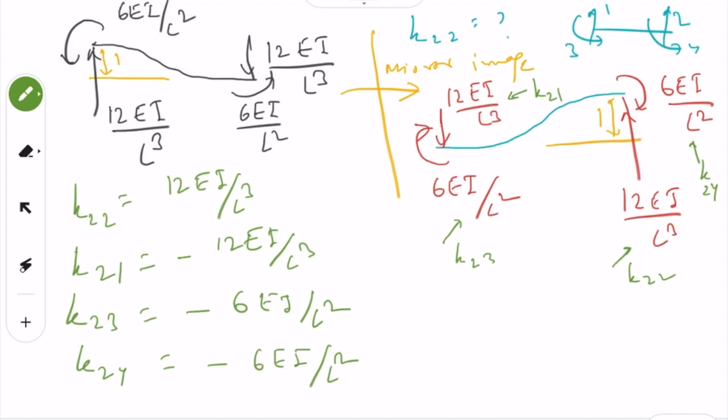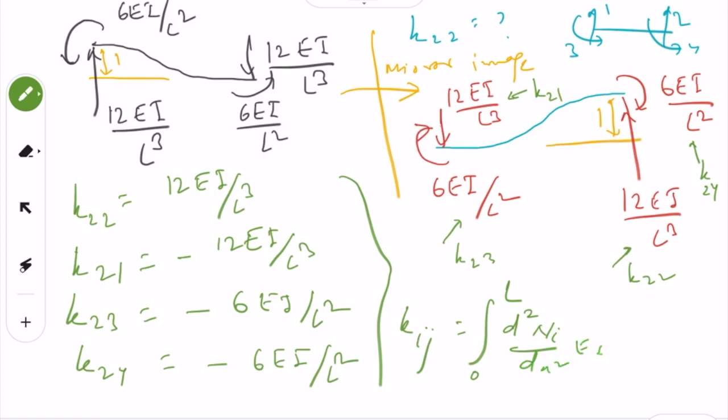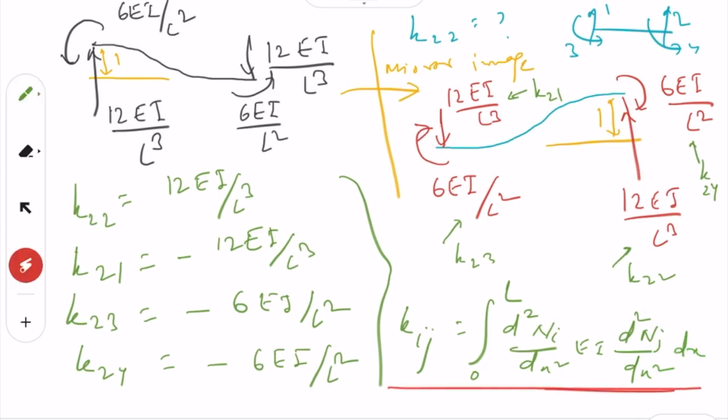Not to forget that all these we could have derived also just by doing Kij equal to integral from 0 to L of d square Ni over dx square, EI, d square Nj over dx square dx. So we could have got the same value using this mathematics also.